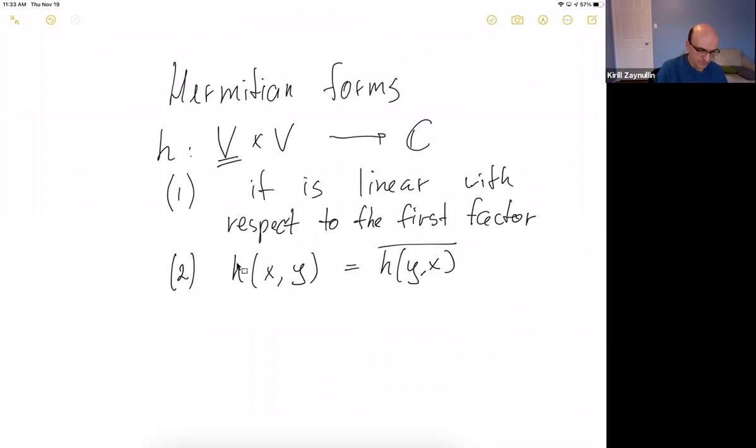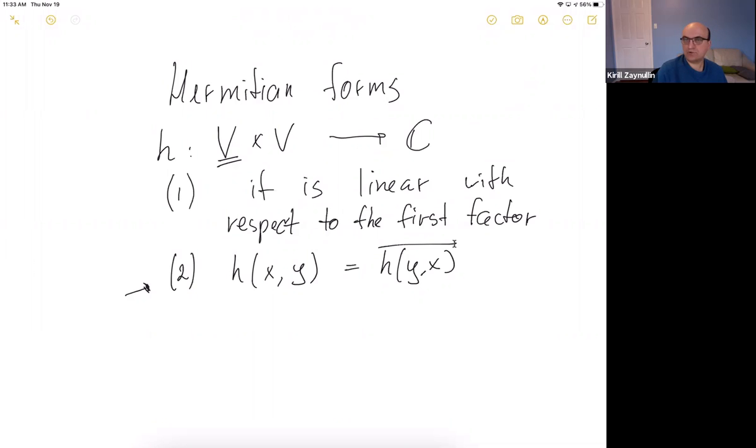Because in condition 2, if all numbers are real, then the conjugate of a real number is the same number. So it would mean that h of x comma y is the same as h of y comma x, if x and y are reals. In other words, the concept of a Hermitian form is a generalization, an extension, of the concept of a symmetric bilinear form to complex numbers.